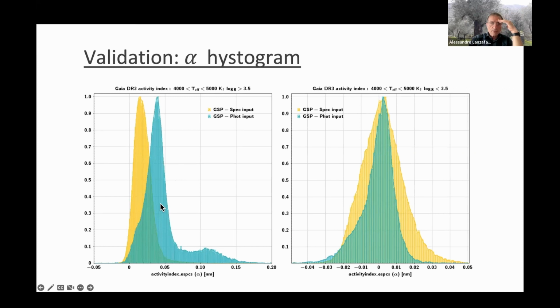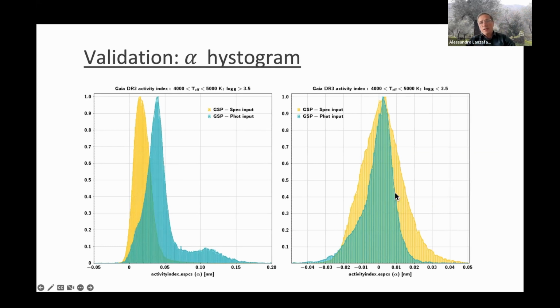And in this case, the distribution is skewed toward high values because, of course, of the presence of accretion or a chromospherically active star.